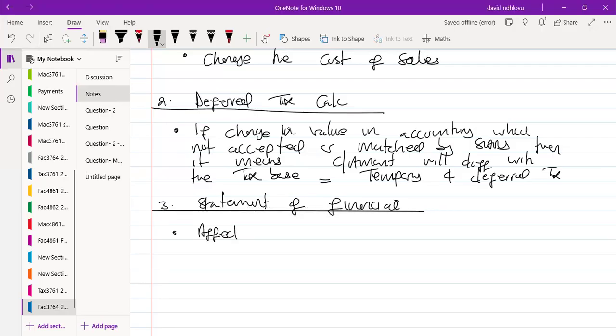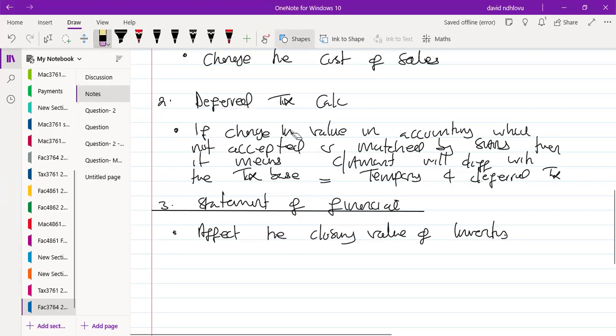So it will affect the closing value of inventory. So this we call a change in accounting policy. So that's my theory for now. Any questions on this, good people? Are we clear?